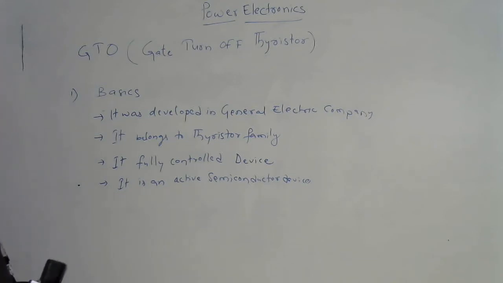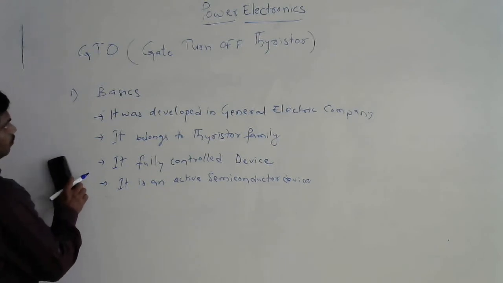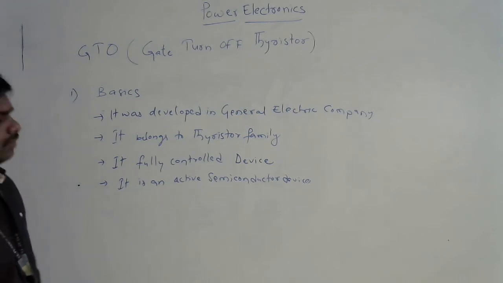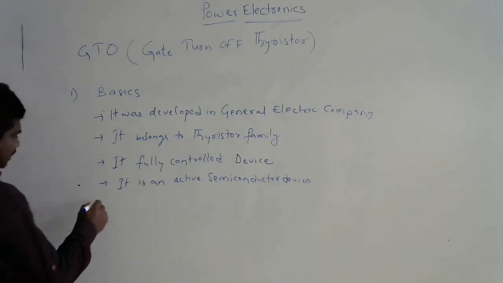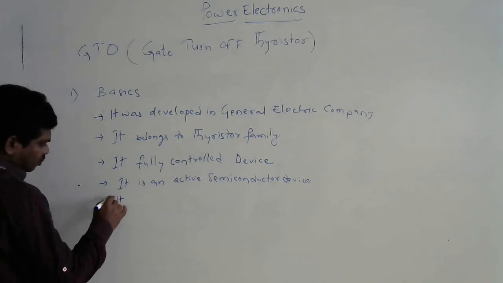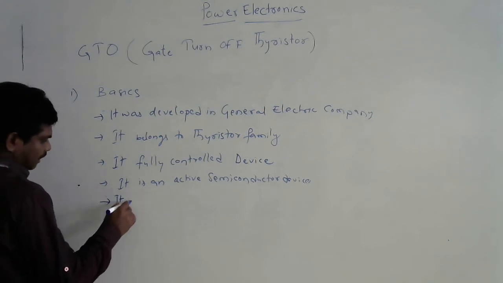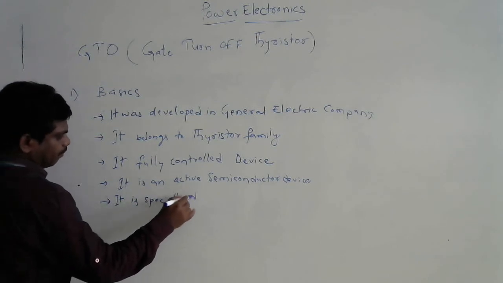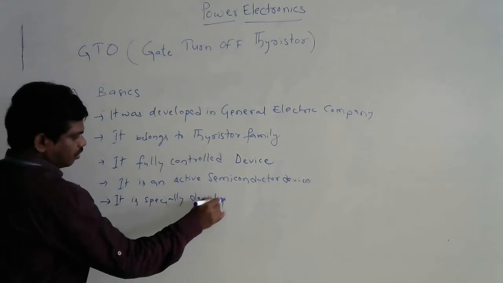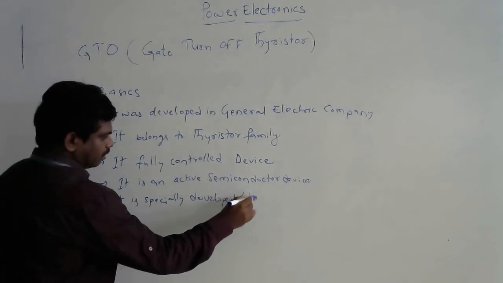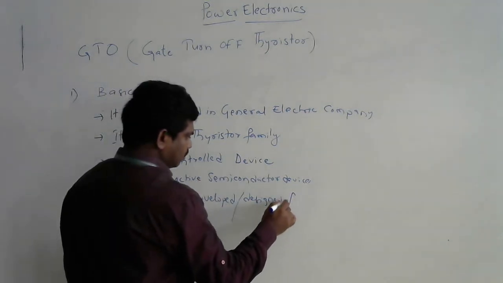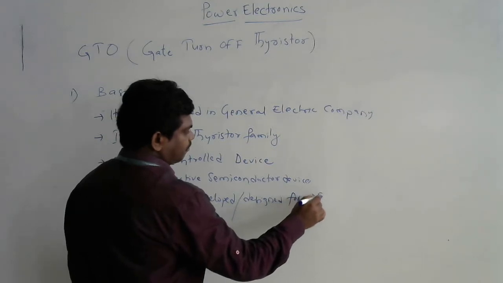Next we will see the symbol of GTO. So what do you mean by GTO basically? GTO is gate turn off thyristor. And one more point that we can write here, it is specially developed or designed for off purpose.